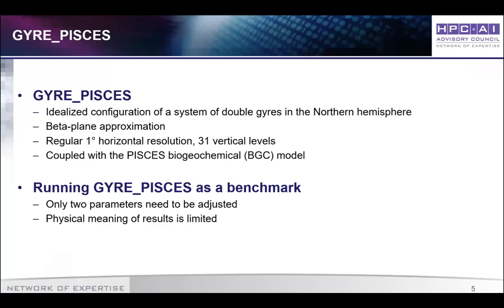Of course, since this is pretty much a toy test case, the physical meaning of any results is limited. We are interested not in what the results look like physically, but the absolute performance of the program on whatever you'll be running it on.